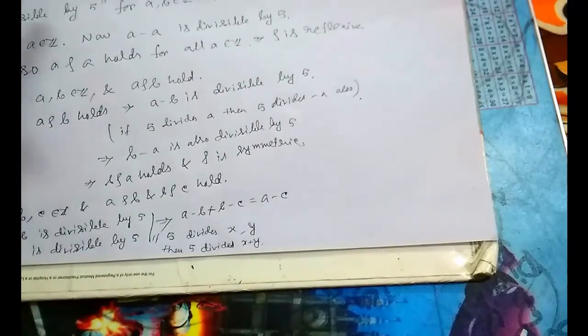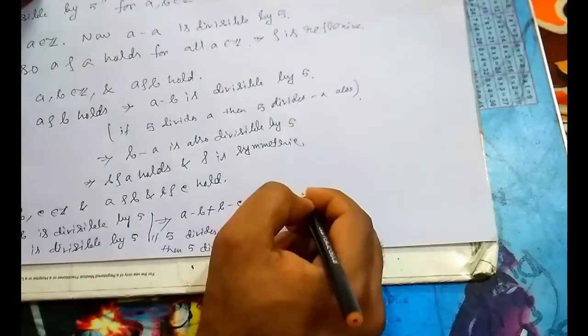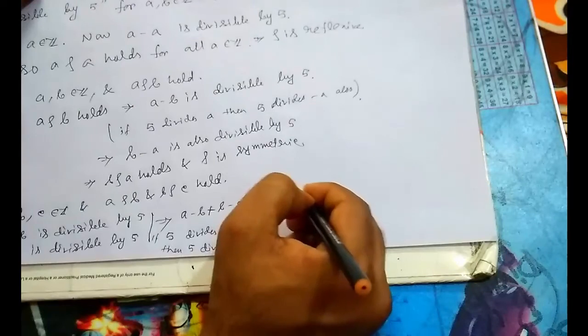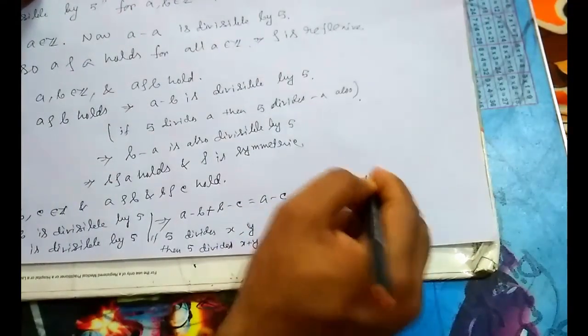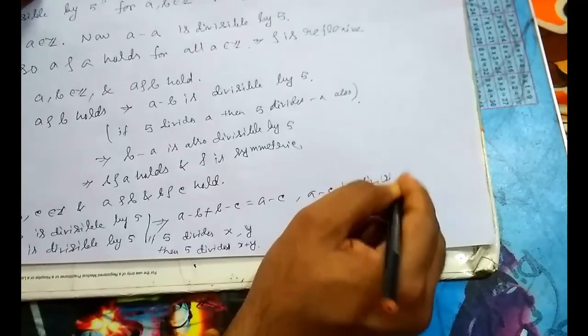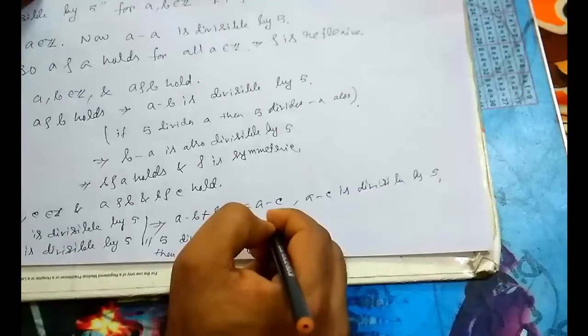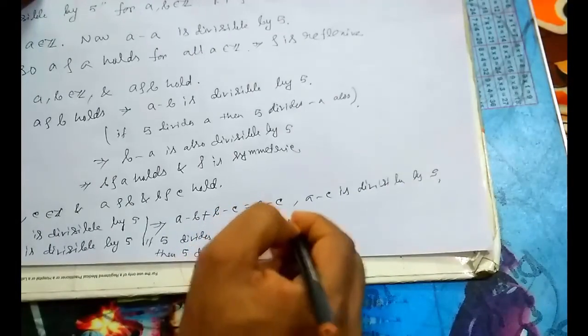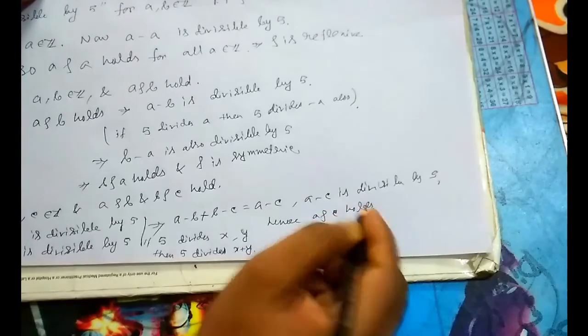These are very elementary things. So by this argument we can say that a minus c is divisible by 5, and hence a rho c holds.